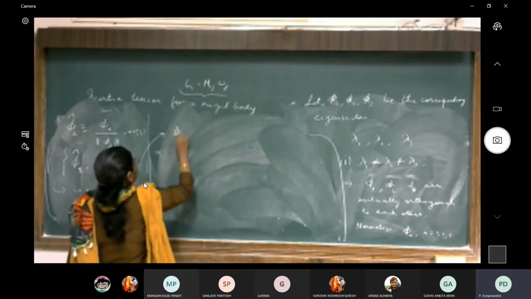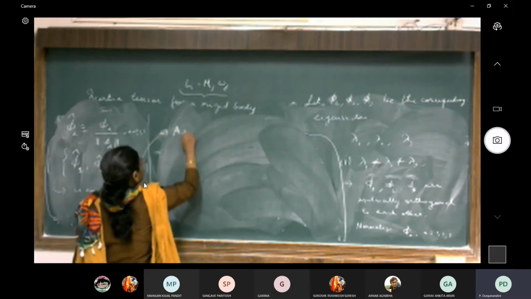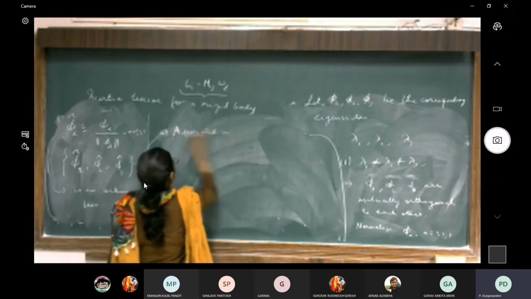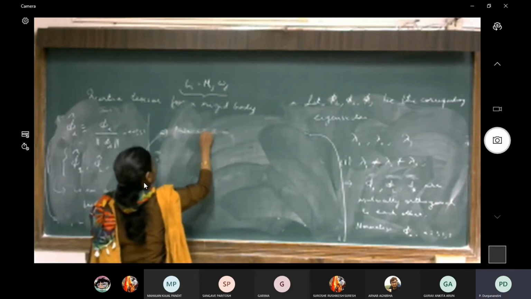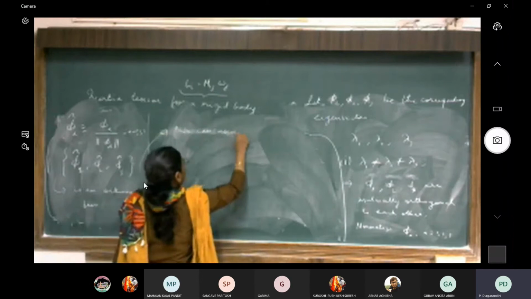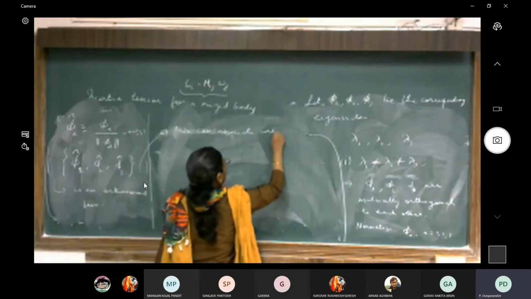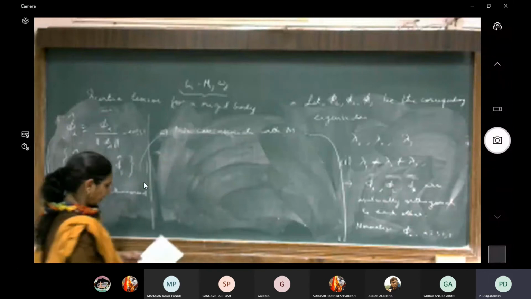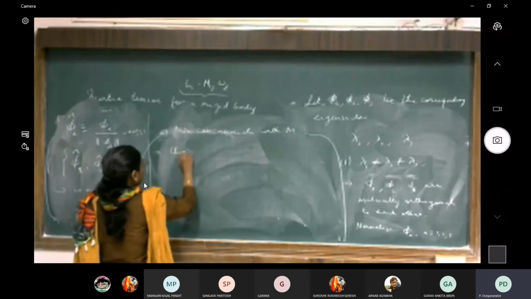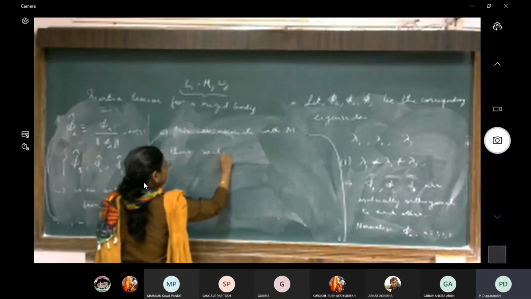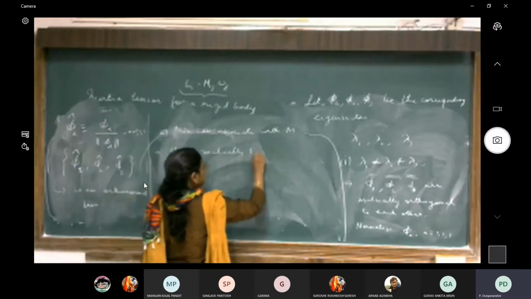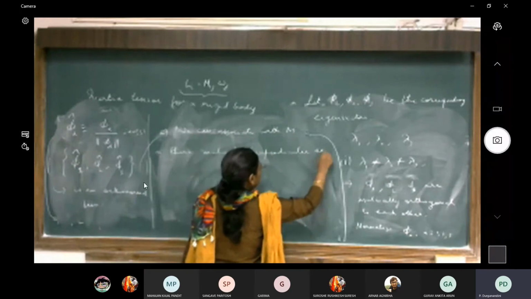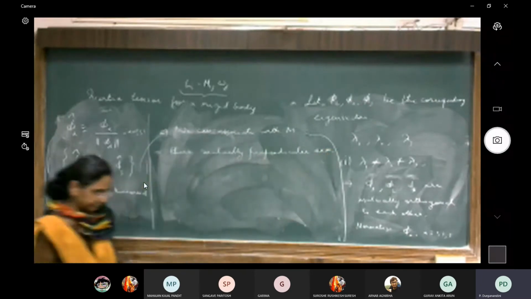Associated with M, we can already associate three mutually perpendicular axes.